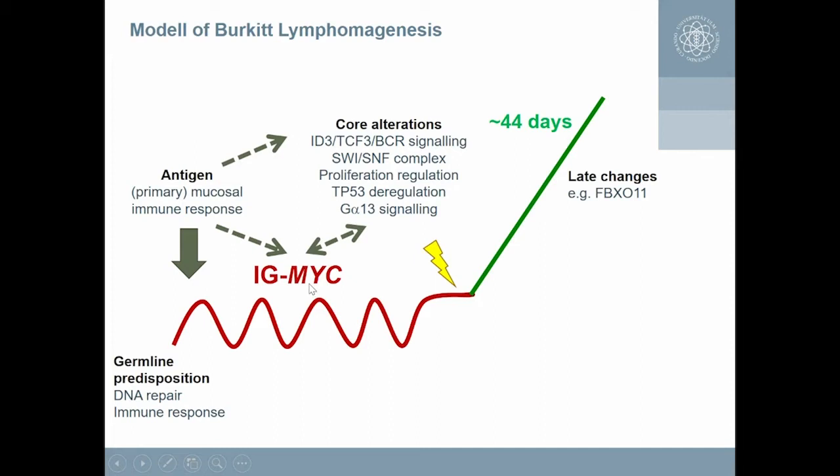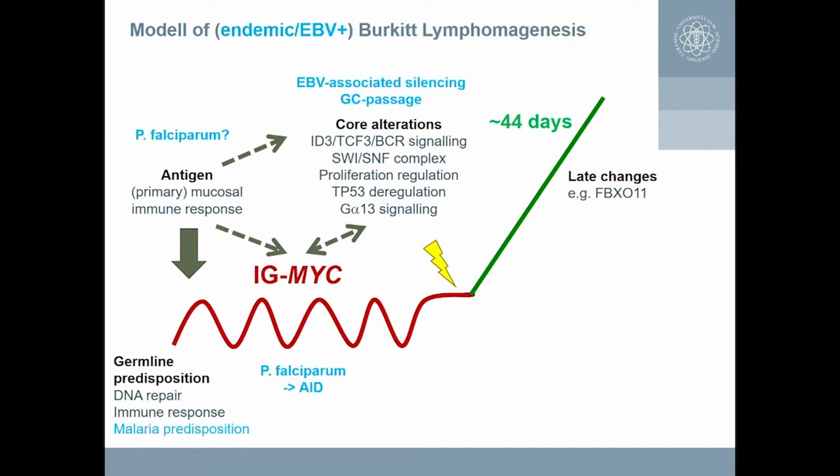But overexpression of MYC essentially leads cells to apoptosis. So it's not that the cells outgrow, but many cells will die. So we need additional chromosomal or genetic operations which allow the cells to survive. And we can discuss whether these can occur in part also before the IgMYC translocation. If all these operations come together, then the cells have a growth advantage and they rapidly grow in an exponential phase, and we might have a few late genetic alterations.